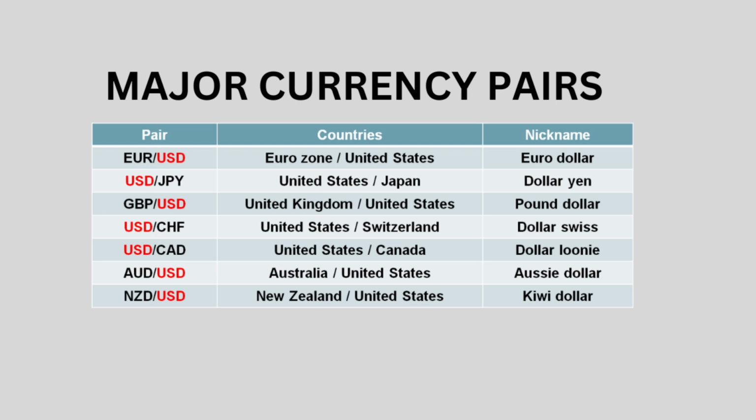Or let's take USD/JPY. USD now is the base currency, while Japanese yen is the quote. GBP base, USD quote. Just keep it like that. The first one is the base, the second one is the quote. And in this place, you always buy in the base and you sell in the quote.